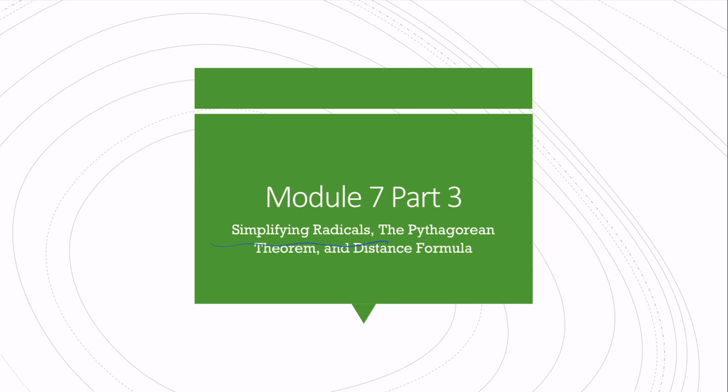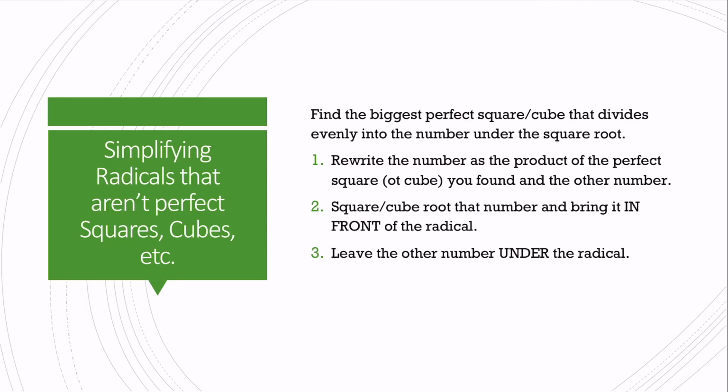So when we're simplifying a radical that isn't a perfect square or a perfect cube, for example, maybe the square root of 18, what we want to do is rewrite the number as the product of a perfect square that we can find and the other number.